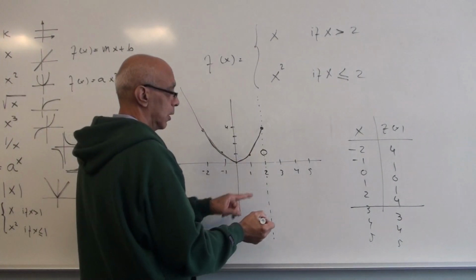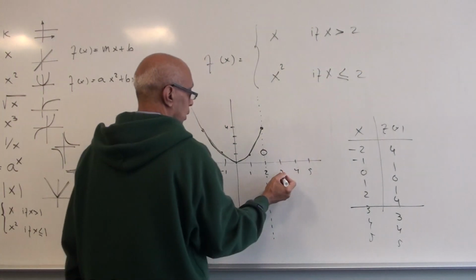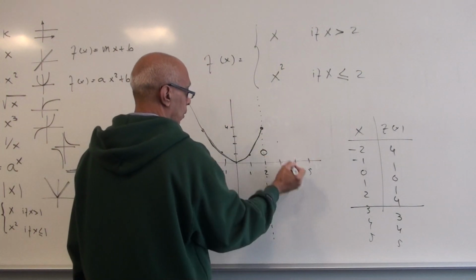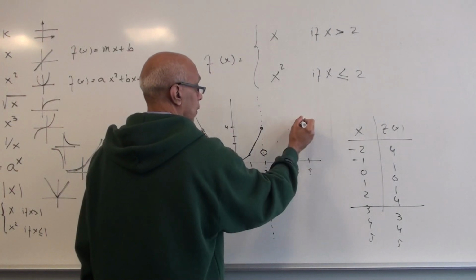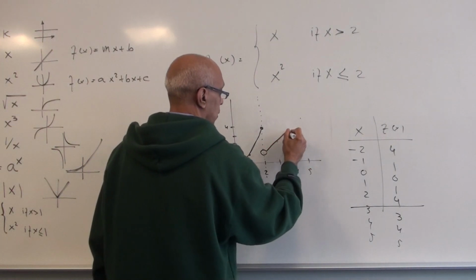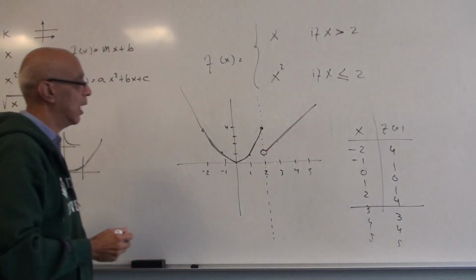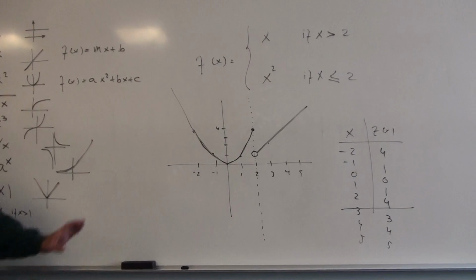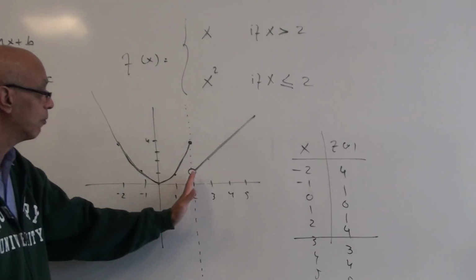Open circle, because it's just saying x is greater than 2. When it's 3, it's going to be 3. When it's 4, it's going to be 4. When it's 5, it's going to be 5. So again, it's going to be a straight line. So that is the step function line, okay? It behaves as a quadratic up to 2, and then from 2 up, it's linear.